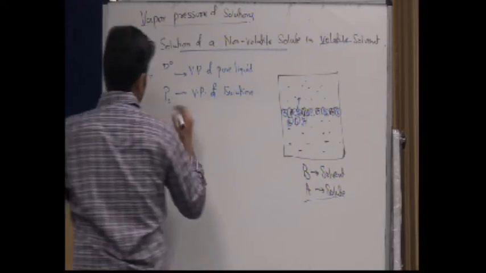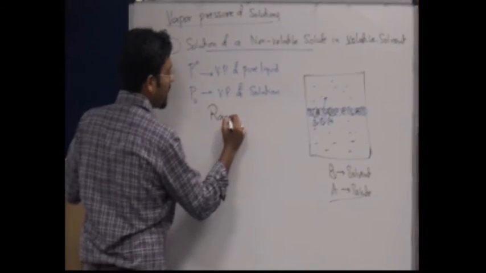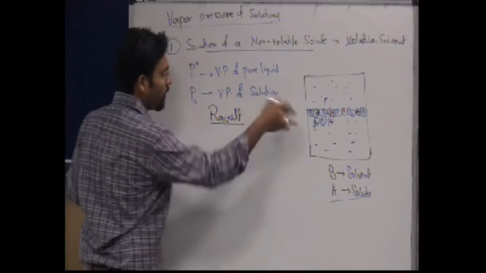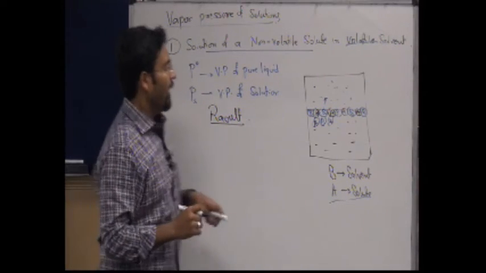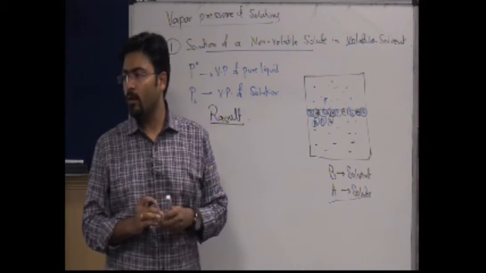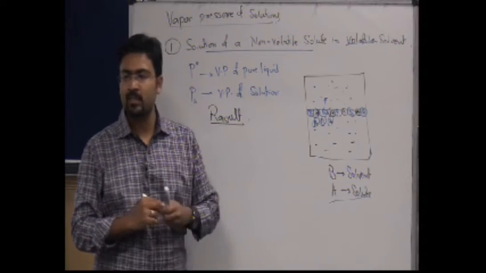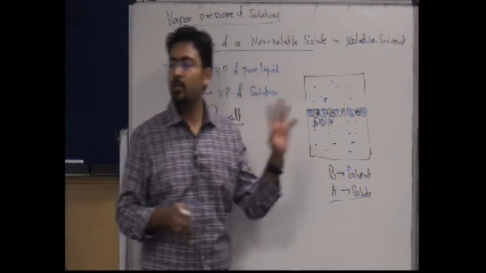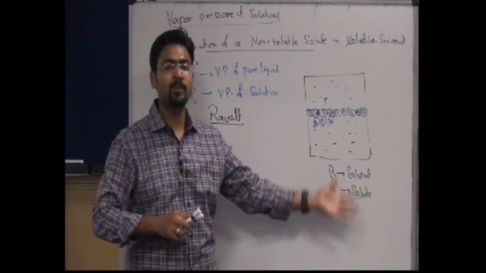This all stuff was studied by a guy called Raoult. So he derived a law called Raoult's law, right? In this whole scenario, what he wanted was that the derivation, the mathematical equation or formula he was trying to form, should not be dependent on the nature of the substance.